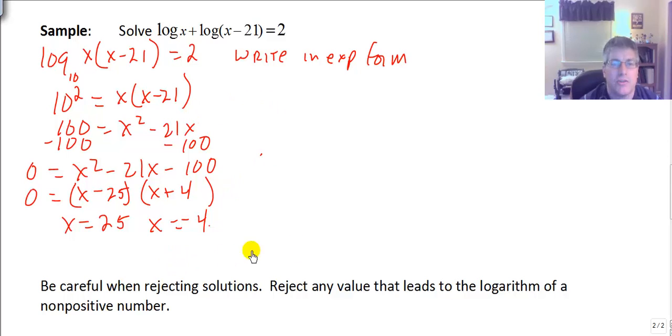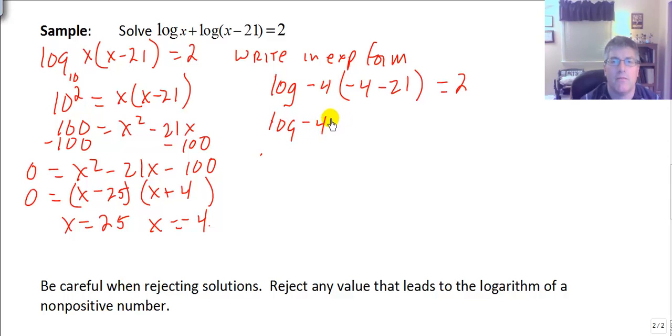We need to make sure that we reject any value that leads to a logarithm of a non-positive number. So substituting into our equation, we get log of negative 4 times negative 4 minus 21 equals 2.